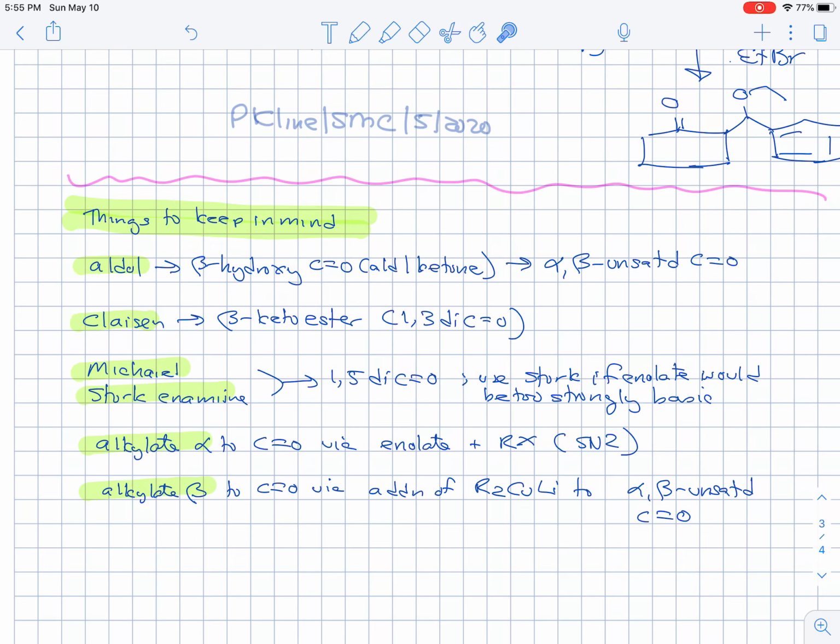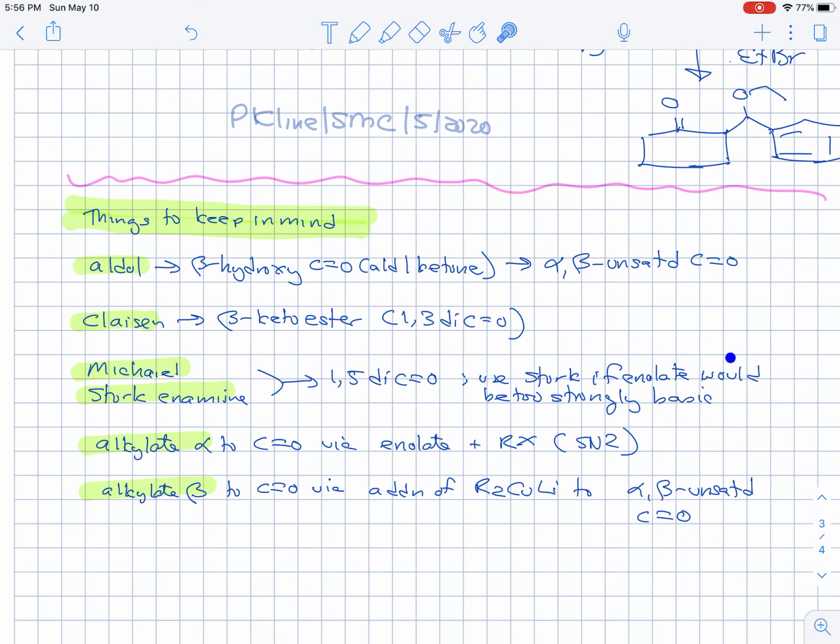When you do a Claisen condensation, the product is a beta ketoester, or you can think of it as a 1,3-dicarbonyl. If you do a Michael or a Stork enamine synthesis, which are both conjugate additions to alpha beta unsaturated carbonyls, the product of that is going to be a 1,5-dicarbonyl.